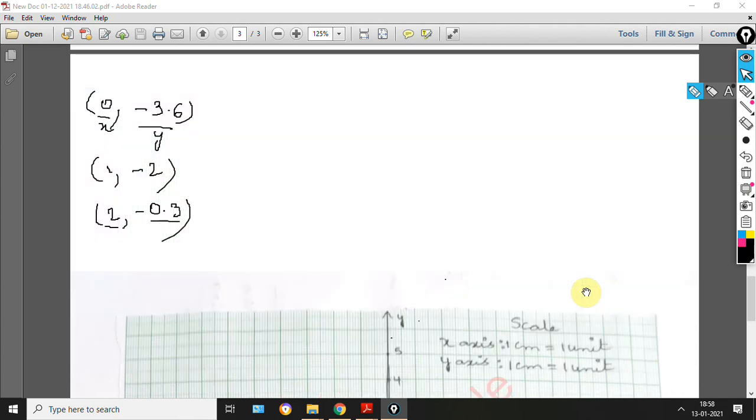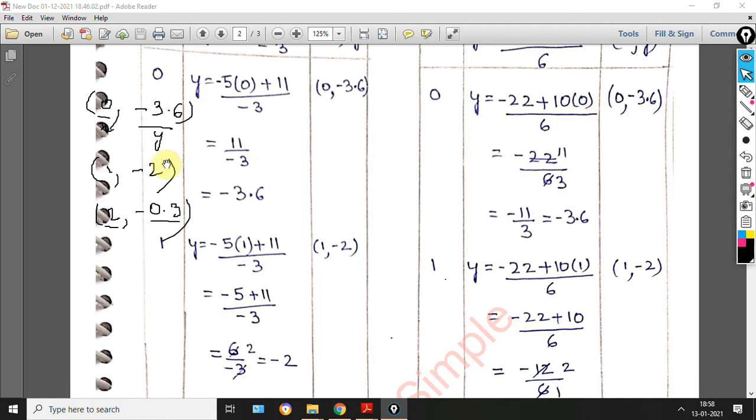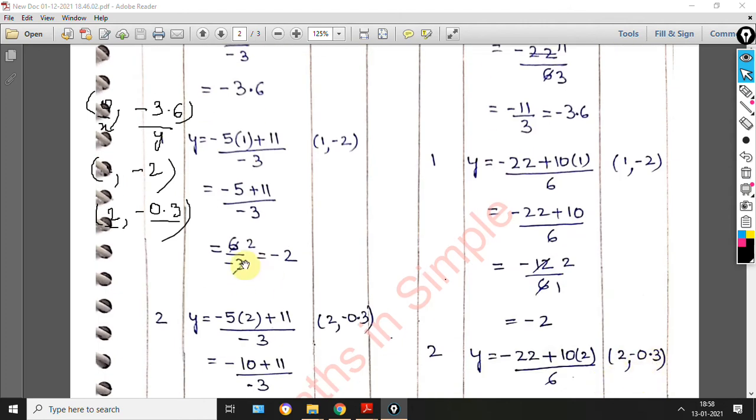Now for the second equation, what did we get? The same points: 0 comma minus 3.6, 1 comma minus 2, and 2 comma minus 0.3.